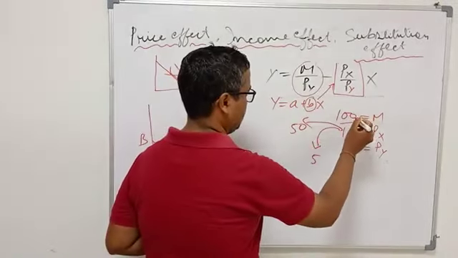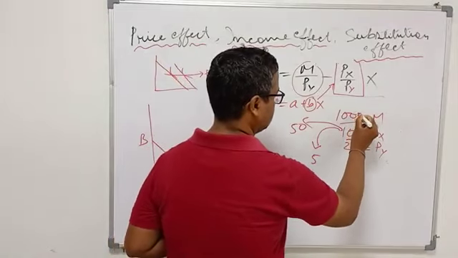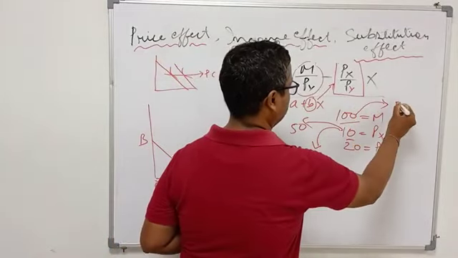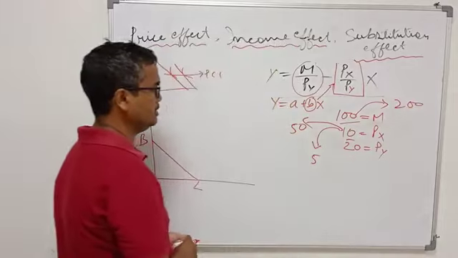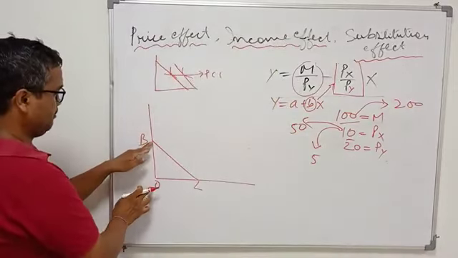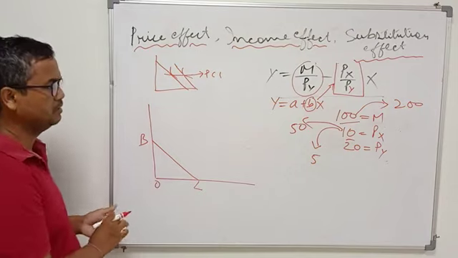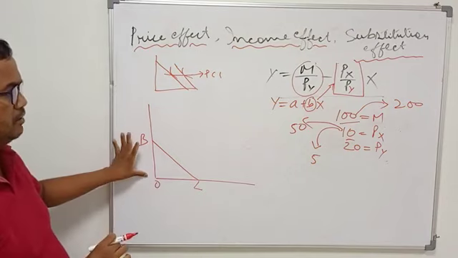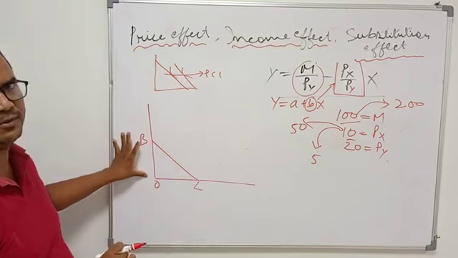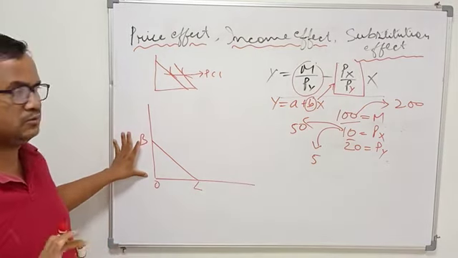Suppose we assume my income has increased from 100 rupees to double, 200 rupees. Then earlier I was purchasing a maximum of 5 units of Y good, because the price was 10, and no unit of X.